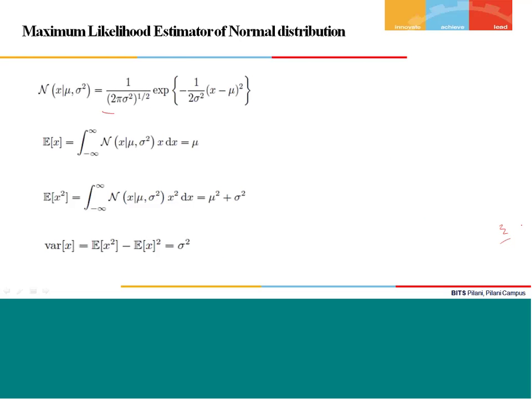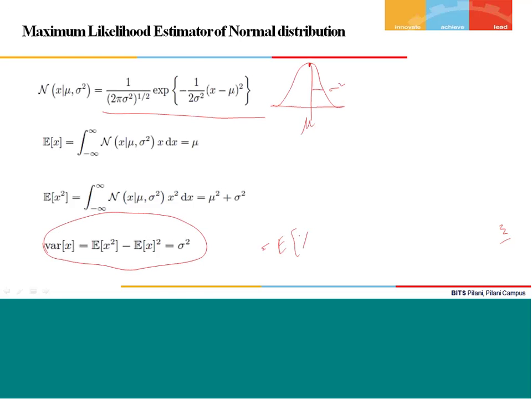This is the form of a normal distribution, specifically the univariate normal distribution. Univariate means that x has only one component, and the mean is mu here. If you draw it like this, the middle point has the highest probability, that is mu, and the variance is sigma square. The other form of variance, you can write it as E[x square] minus E[x] whole square.